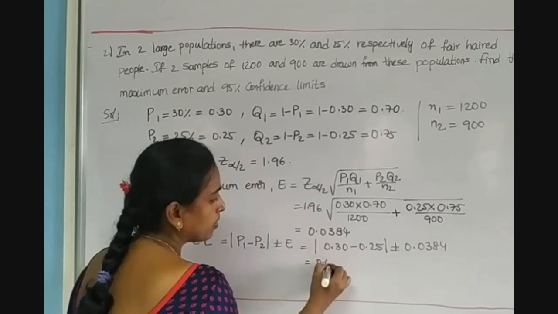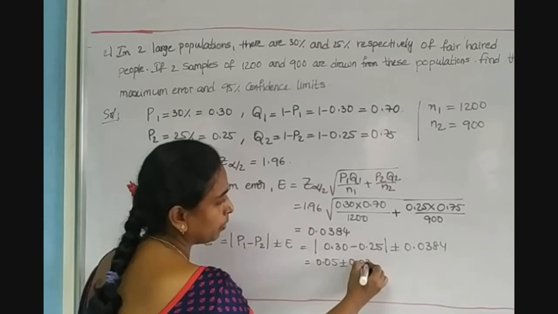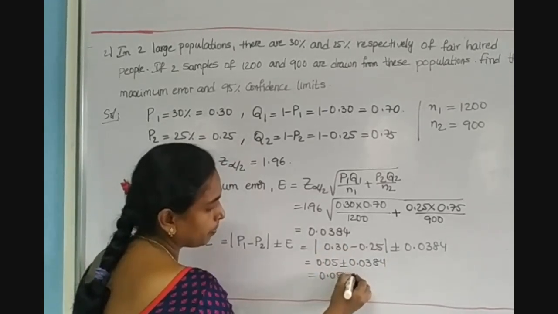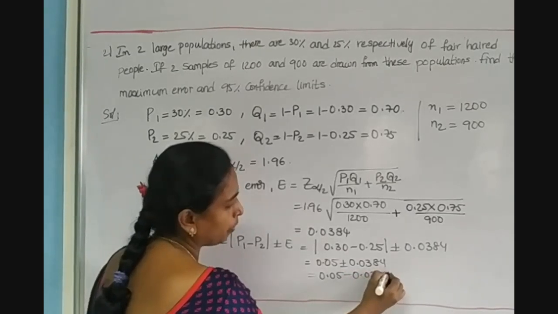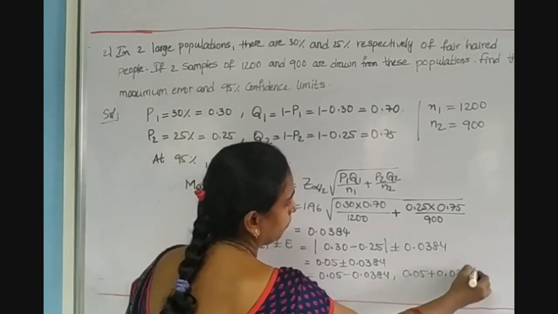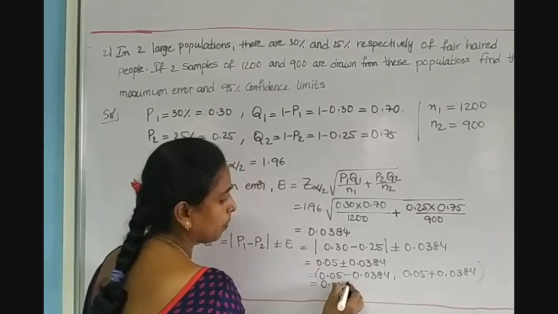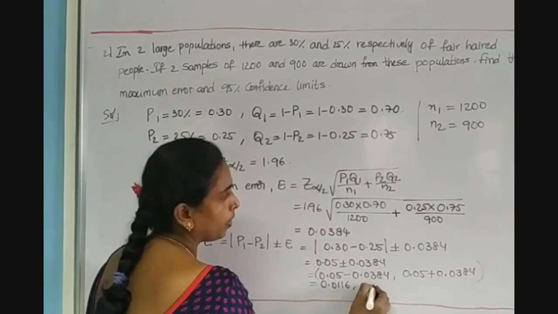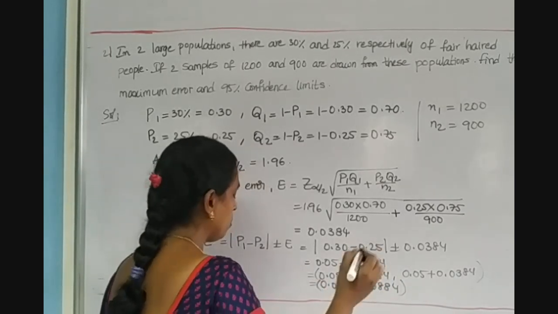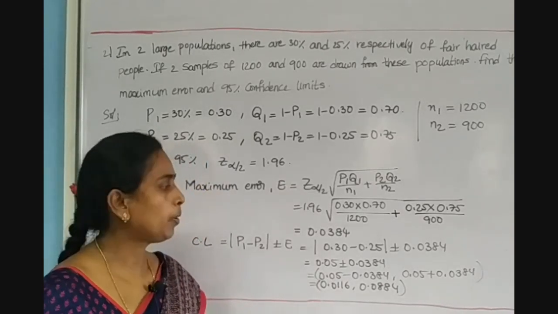That is 0.05 minus or plus 0.0384, which is equal to 0.05 minus 0.0384 comma 0.05 plus 0.0384. Which is nothing but 0.0116 comma 0.0884. So these are the required confidence limits for two proportions.